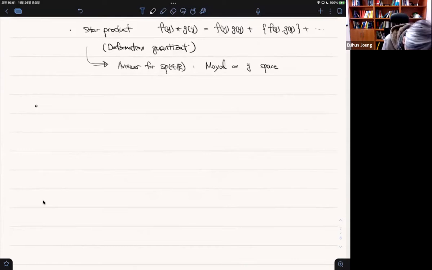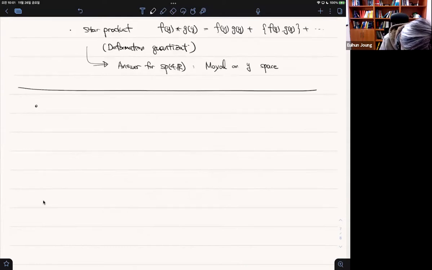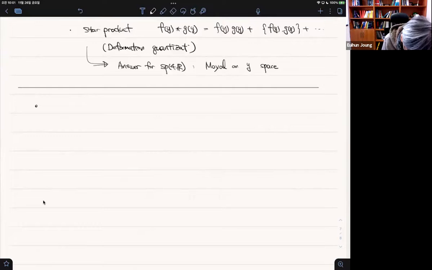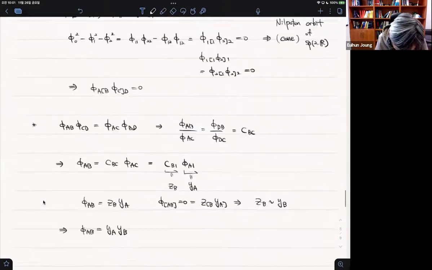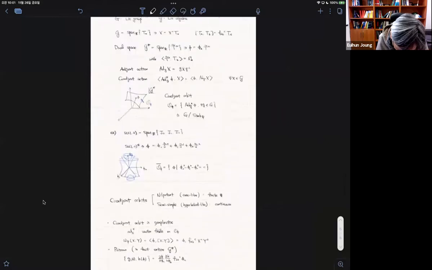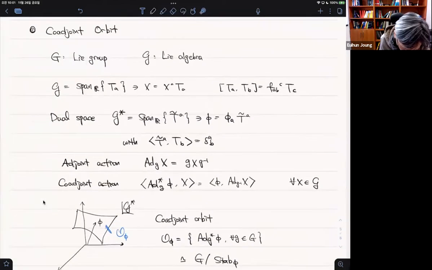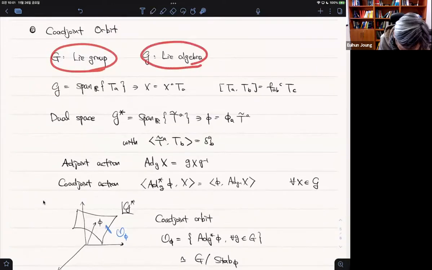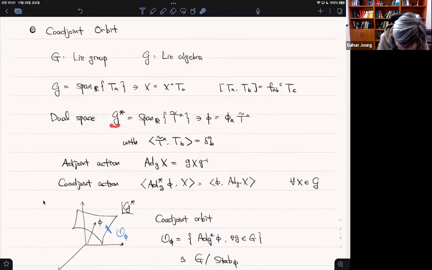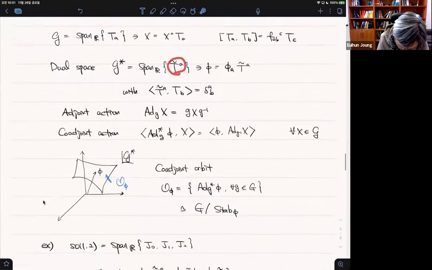So just let me remind you, a brief reminder of what a Coadjoint orbit is. When you have a Lie group and a Lie algebra generated by these generators, then the dual space is generated by these dual generators.